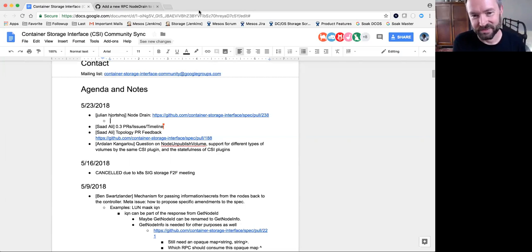Maybe check yourself. But that becomes quite a bit more complicated. And getting that level of intelligence between the plugin and the CO has, I think, much broader architectural implications.